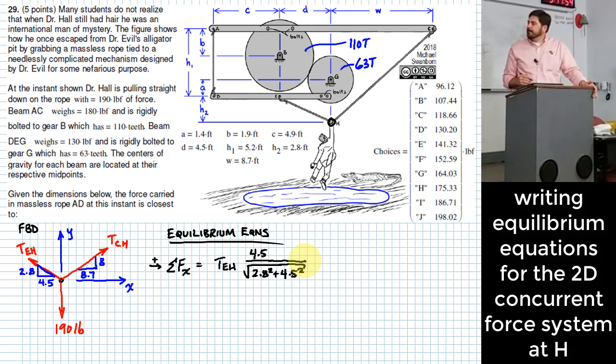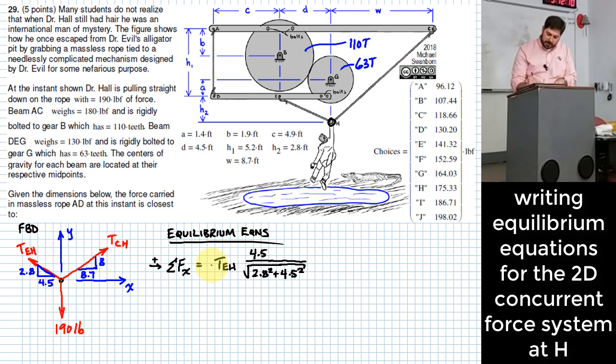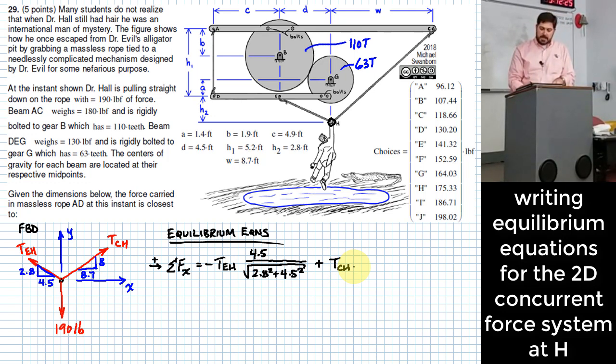All right, then what? Do I have any other forces that have horizontal components? Okay, TCH. By the way, before I move on from TEH, does it point left or right generally? Left. So I probably should have put a negative sign here because I'm taking rightward to be positive. So here I'll do plus TCH. And how do I pick off just the horizontal component of TCH?